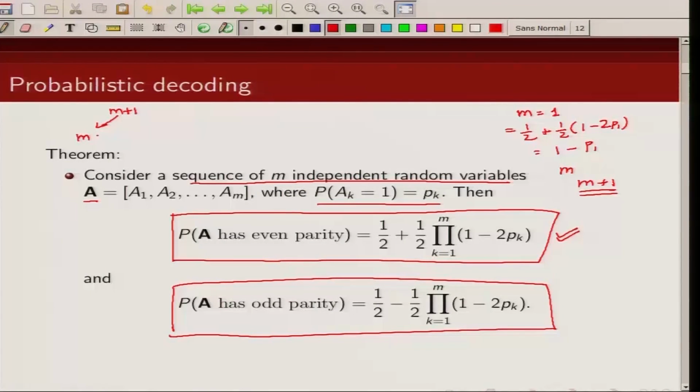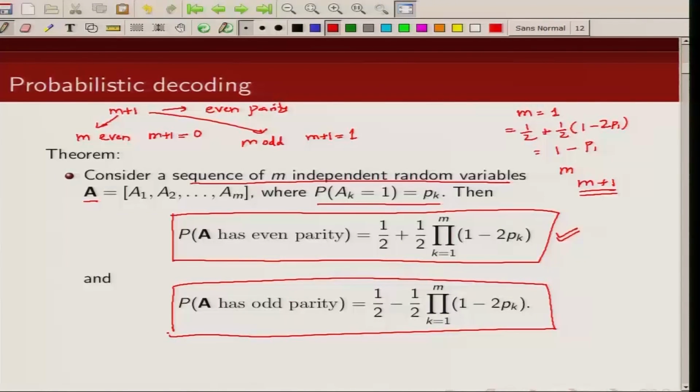There are two ways in which we can get even parity.